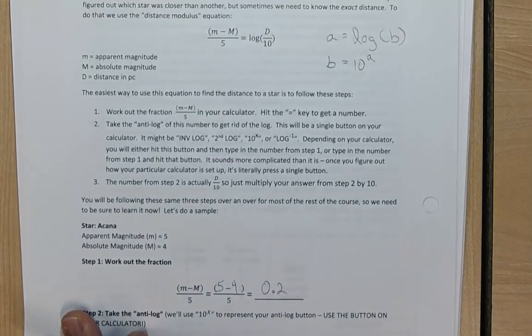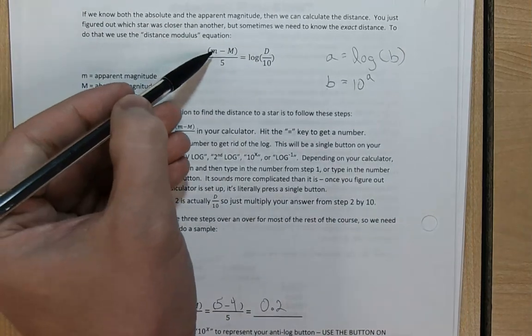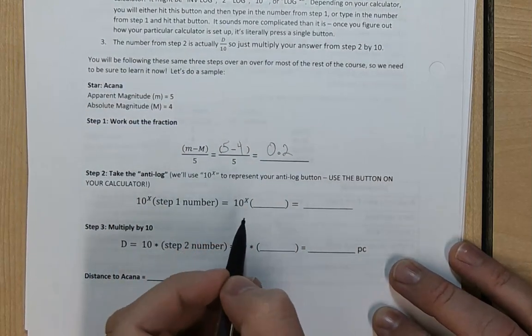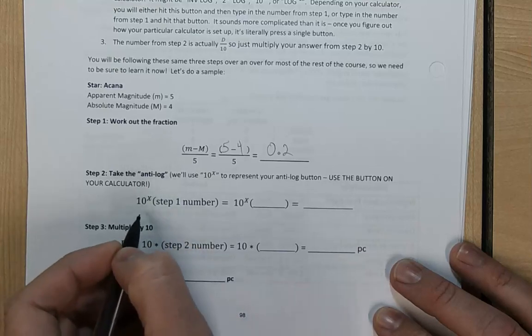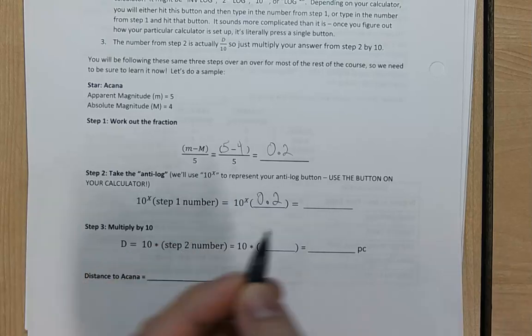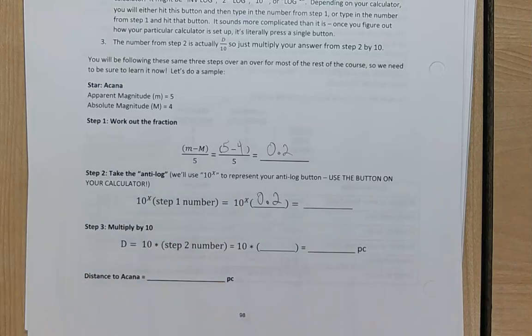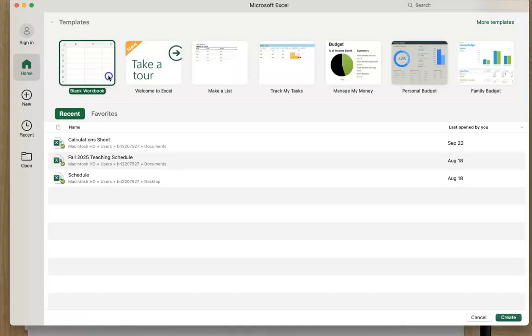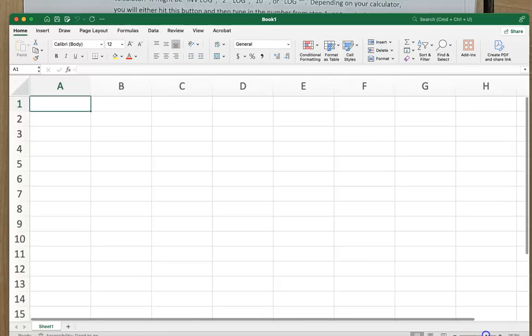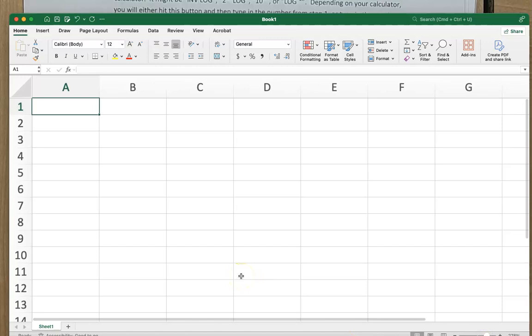So, in this case, a is little m minus big M over 5. So here's our a value, right? Then 10 to the 0.2 is, pull my spreadsheet up here, well, heck, we can program this to do the work for us, can't we? So let's just have little m here, that's 5.